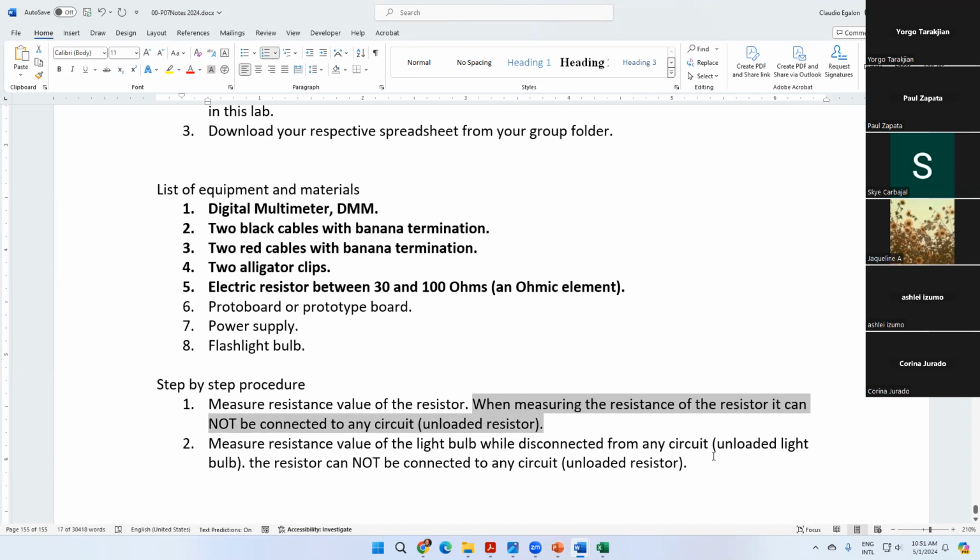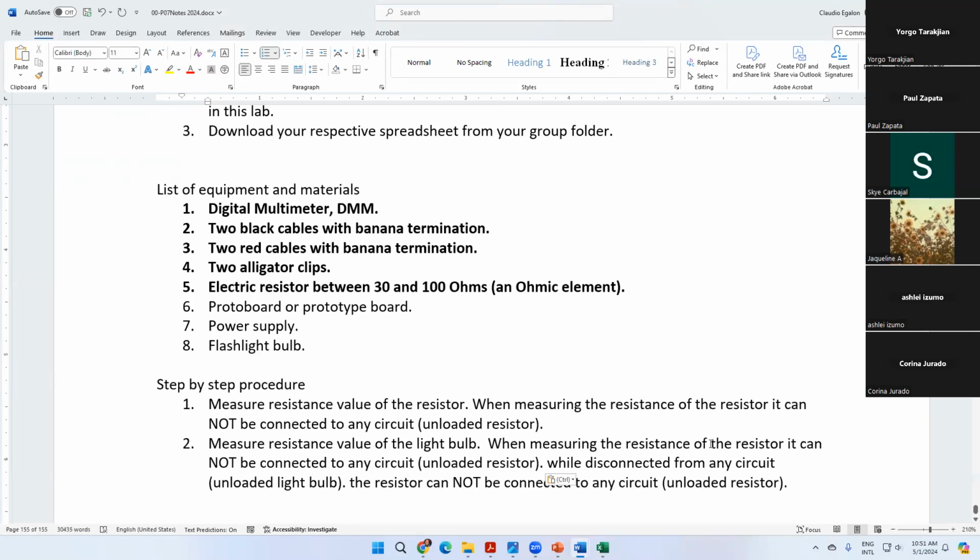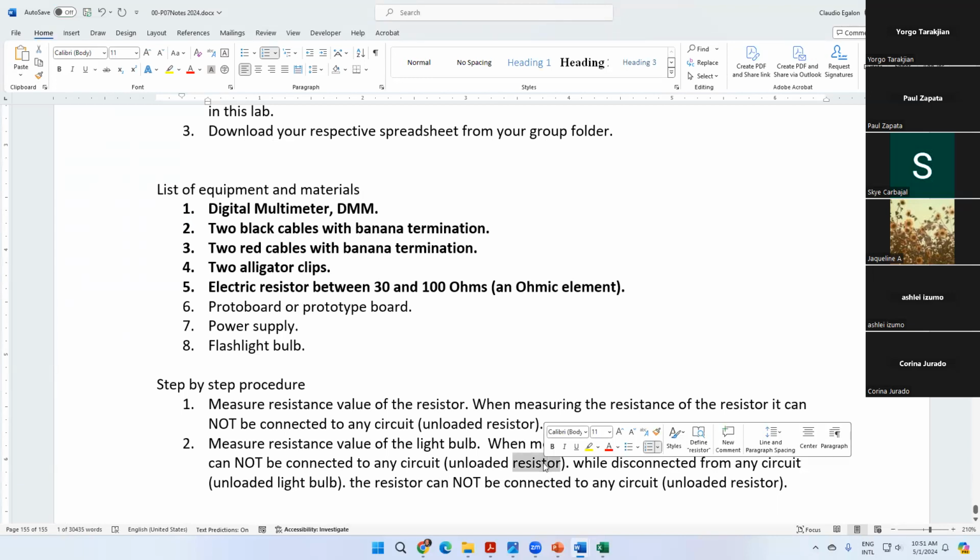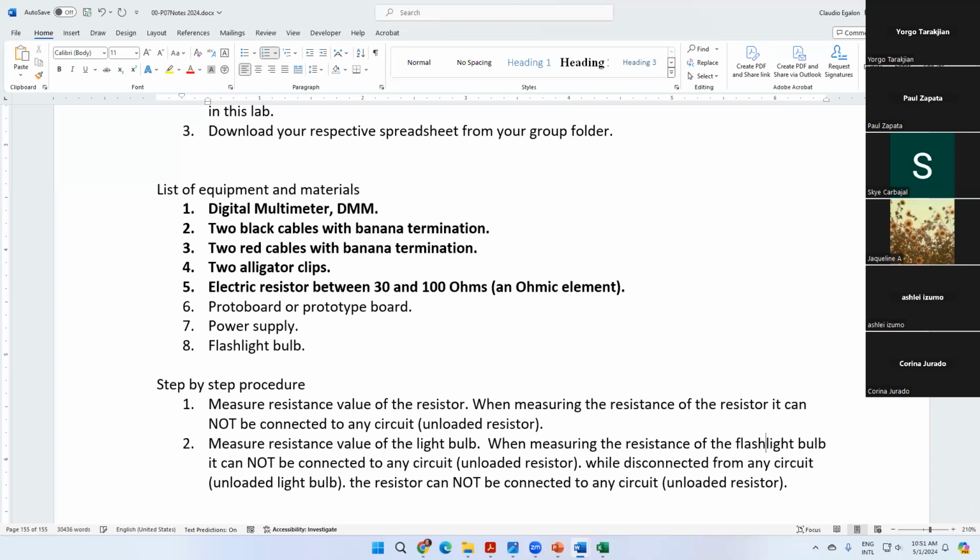When measuring the resistance of the light bulb, it cannot be connected to any circuit. It has to be an unloaded flashlight bulb.